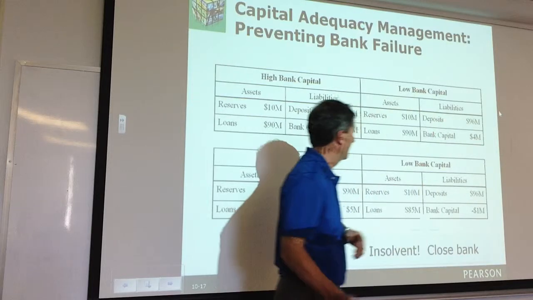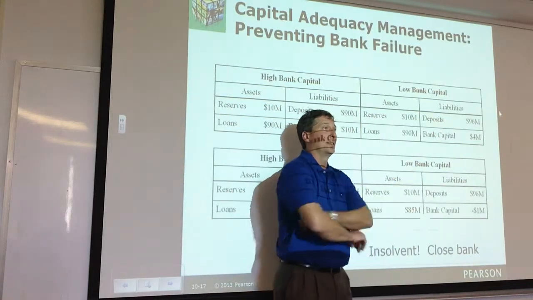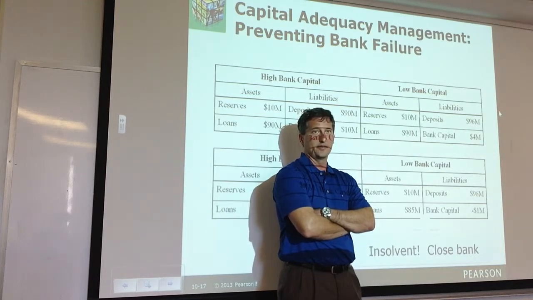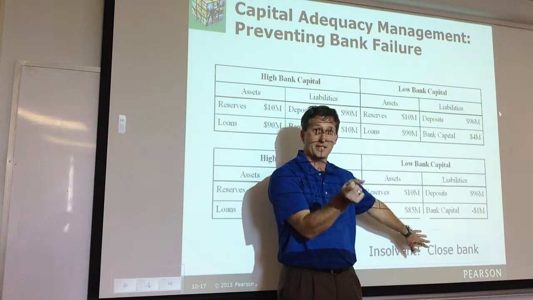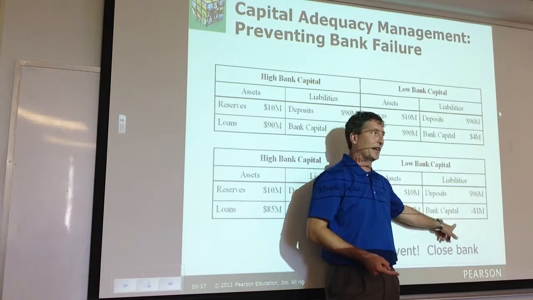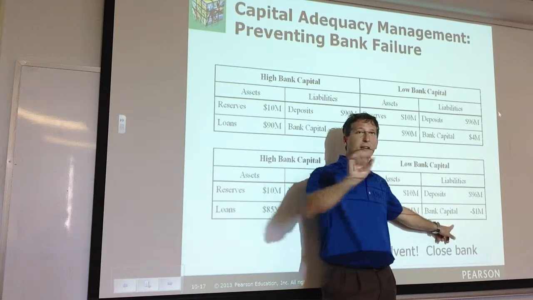So if we could attract $10 million in deposits tomorrow, are we going to be insolvent? No, it fixes like that, right? Or if the owner said, oh crap, we're insolvent right now, don't worry, I'll cut you a check.